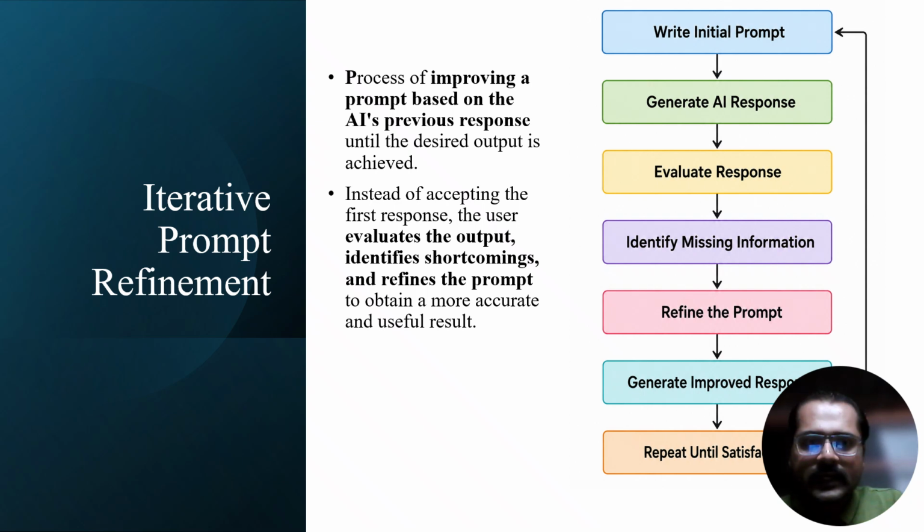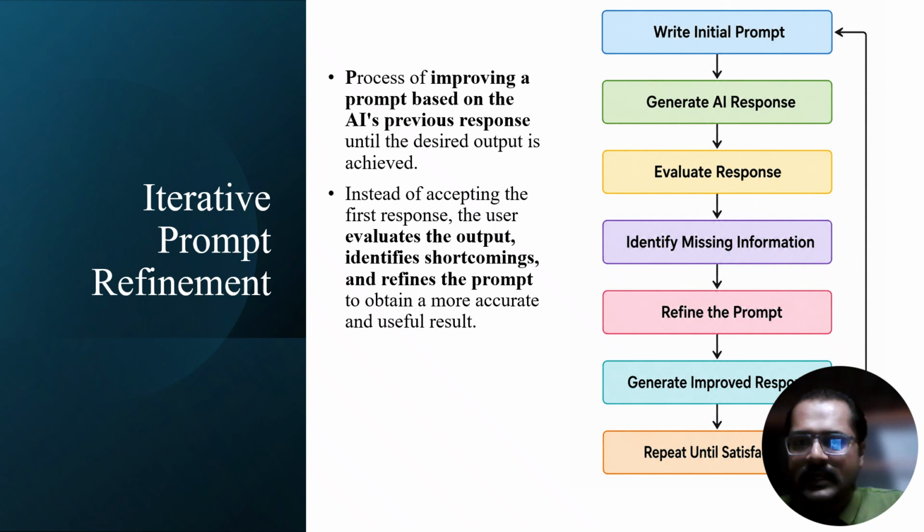So let's see iterative prompt refinement. If the generated AI response is missing some information, you need to refine the prompt and generate an improved response. Repeat until satisfactory. This is the flow graph. Write an initial prompt. The AI, ChatGPT or Claude, may generate some response.